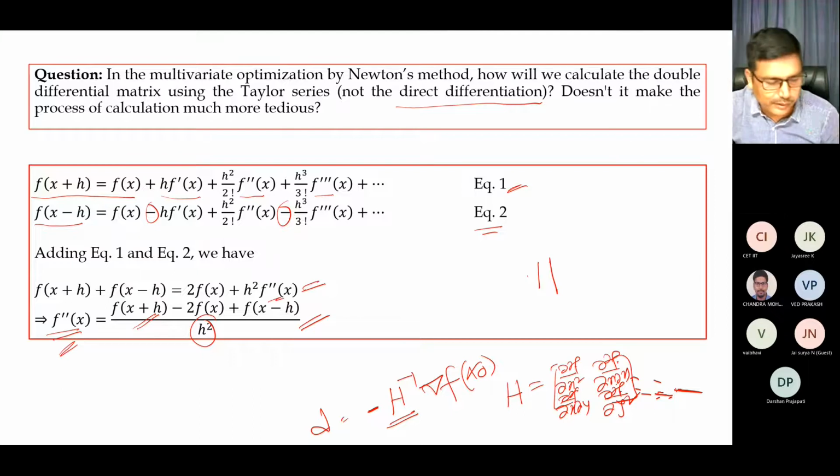So certainly the calculation will be much more tedious, but when you are writing a program, if you can give the derivative value directly, then your program will be efficient. But many times we cannot give the derivative value directly, so in that case, we'll calculate the derivative using a numerical method.